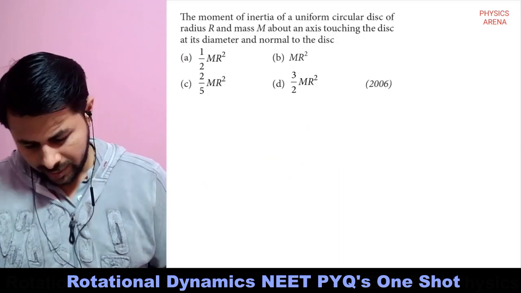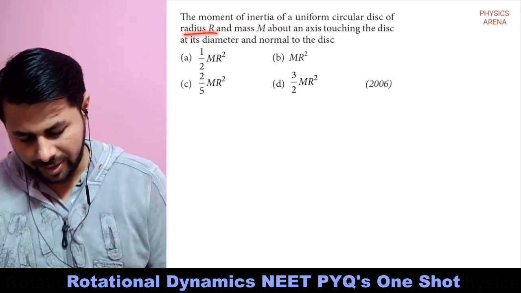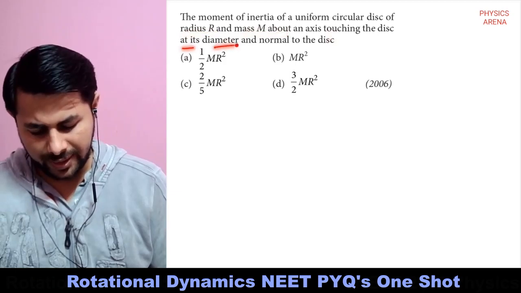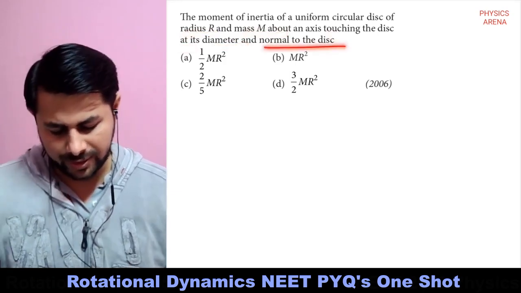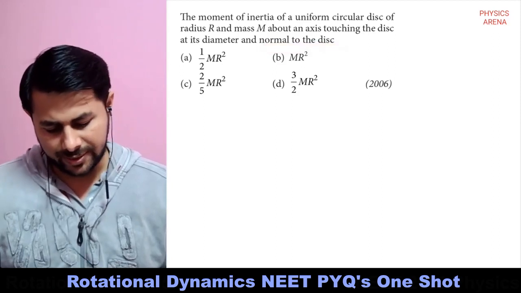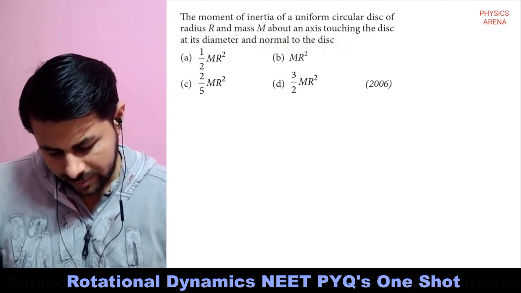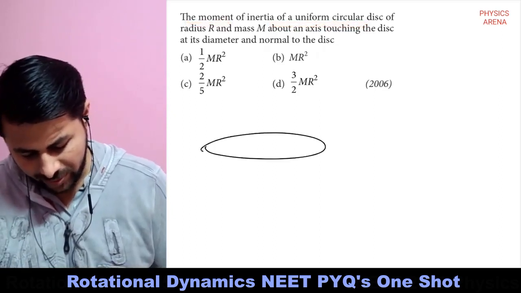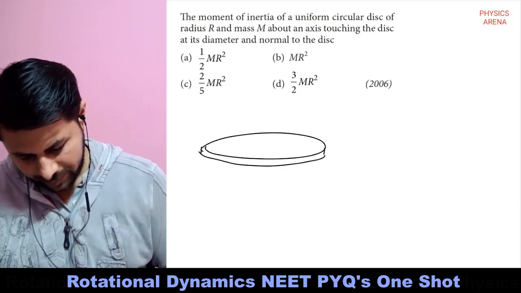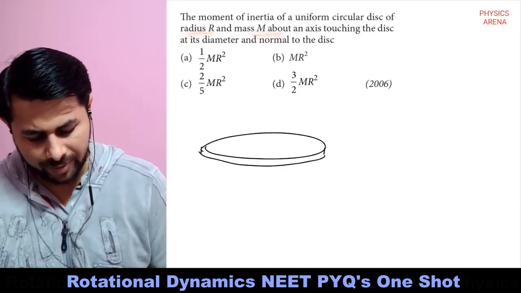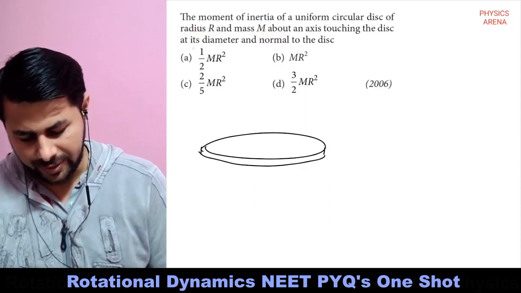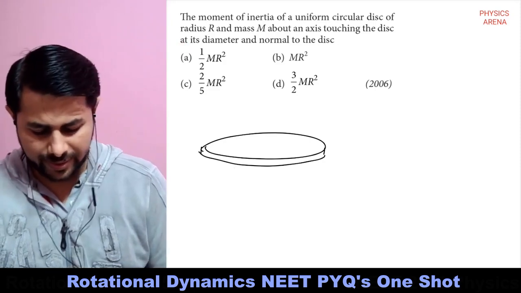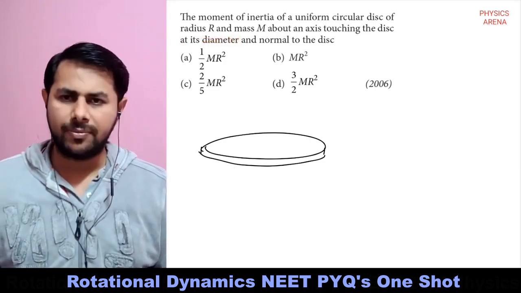The moment of inertia of a uniform circular disk of radius R and mass M about an axis touching the disk at its diameter and normal to the disk is... I guess this should be the rim.